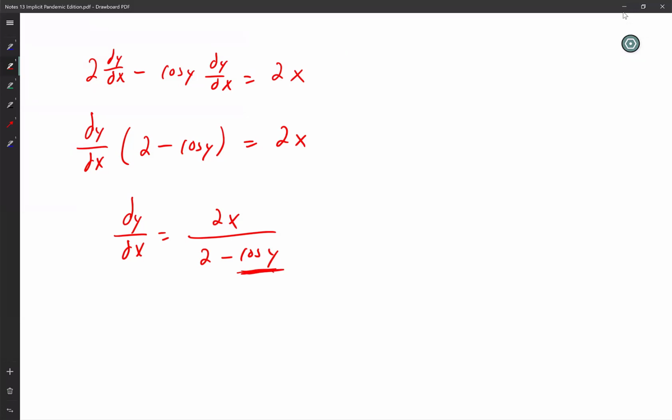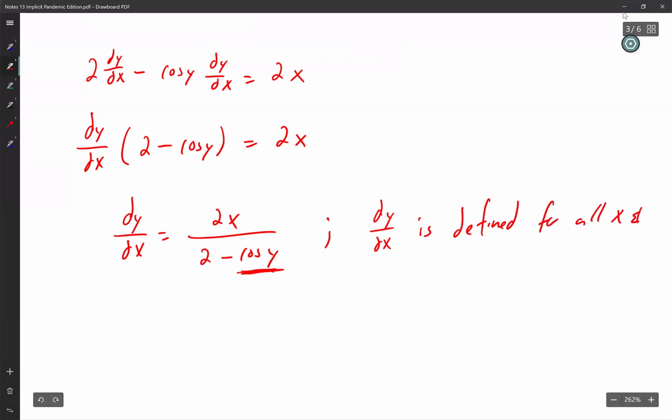Cosine y. Will cosine y ever be 2? No. So I'm gonna make a statement. dy dx is defined for all x and y since cosine y is between -1 and 1.